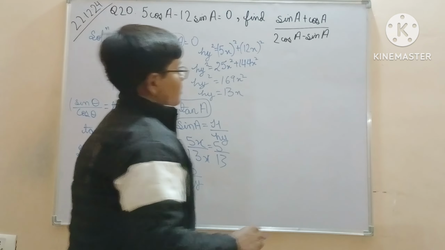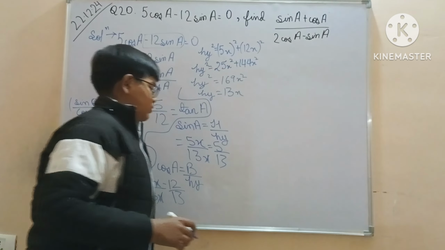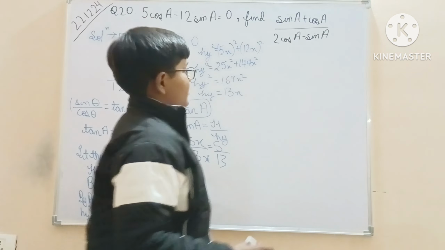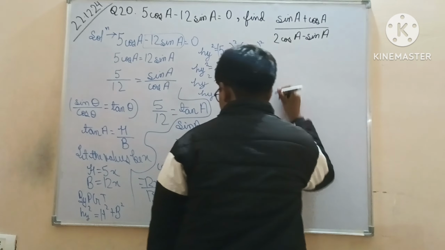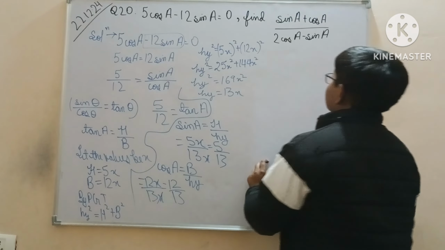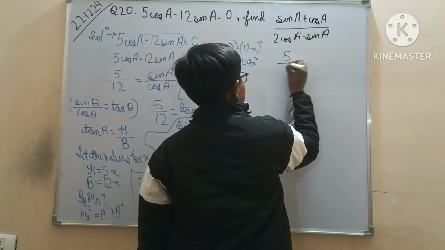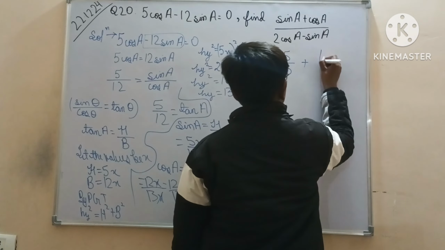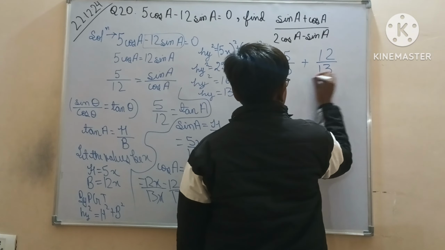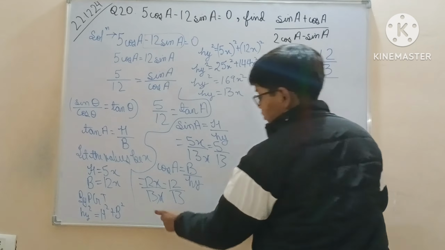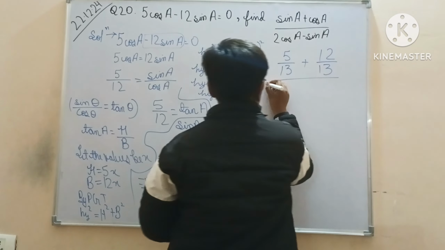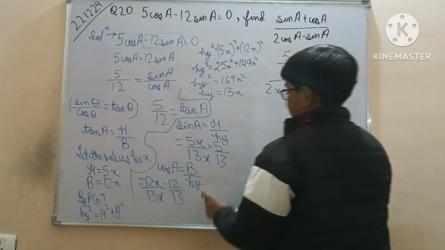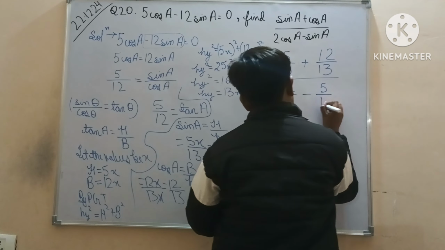Now we will substitute these values into the question given to us, and we will solve this. So sin A is 5 divided by 13, plus cos A is 12 divided by 13, divided by 2 multiplied by cos A. So 2 multiplied by 12 divided by 13 minus sin A, which is 5 divided by 13.